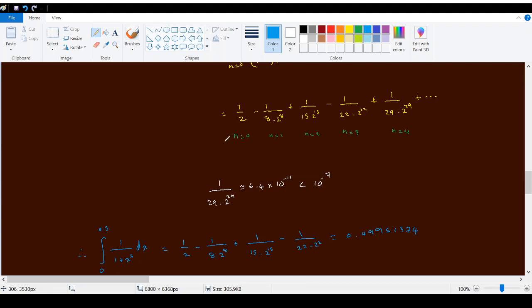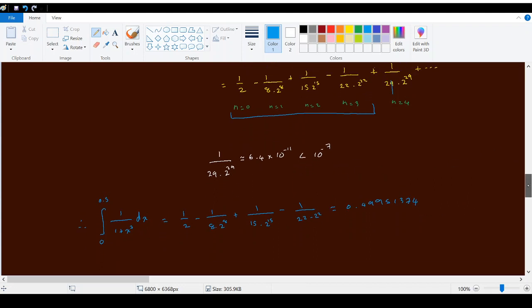So from the alternating series approximation theorem, this is the term related to n equals 4, and that theorem says if you write down the first three terms, the terms up to this point, we will achieve the required accuracy. Since this term is less than the given accuracy, all the terms up to this point will give you the required accuracy. That's the basic idea of the alternating series approximation theorem, right?